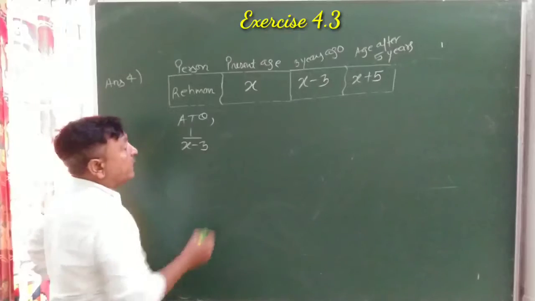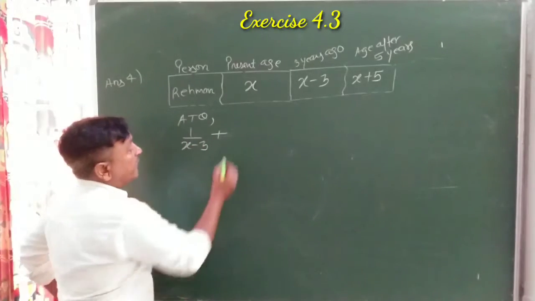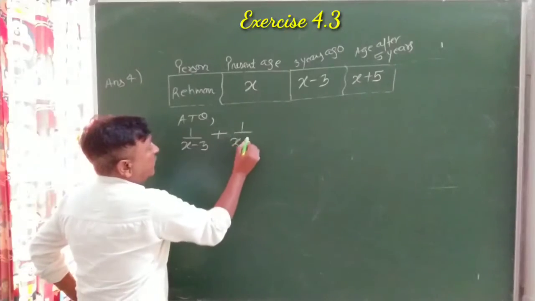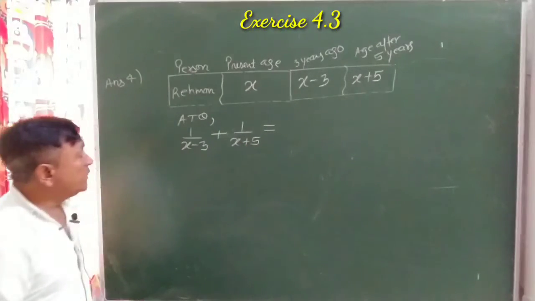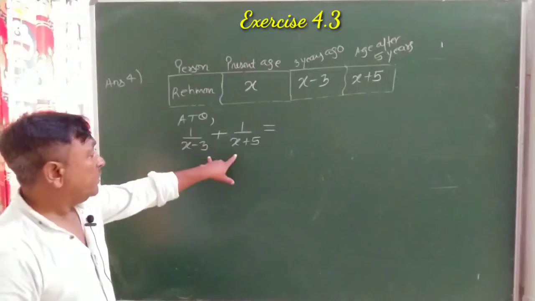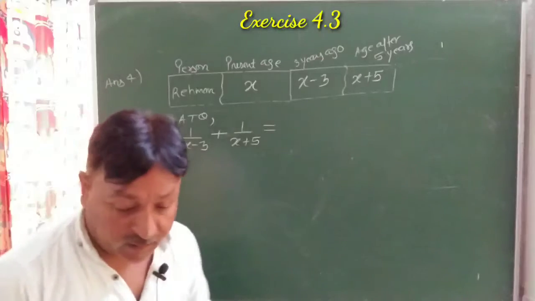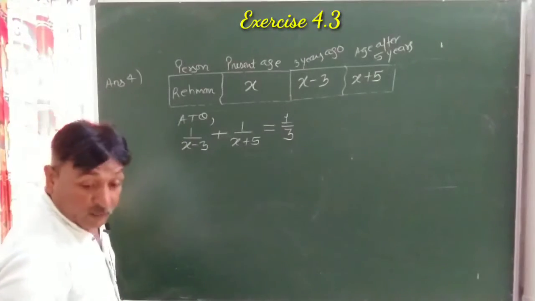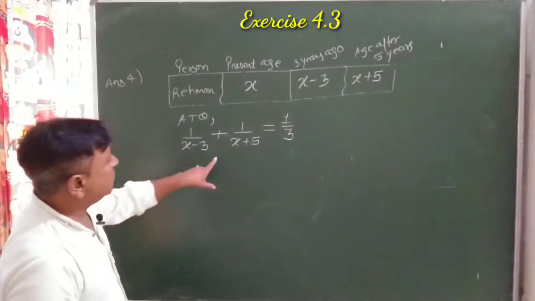It is 1/(x minus 3), plus the reciprocal of x plus 5, which is 1/(x plus 5). And if we do the addition of the reciprocal ages of Rahman, it is in the same format as when I solved question number 3 part second.